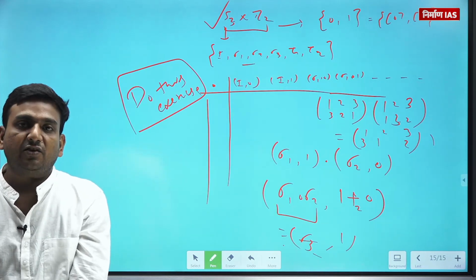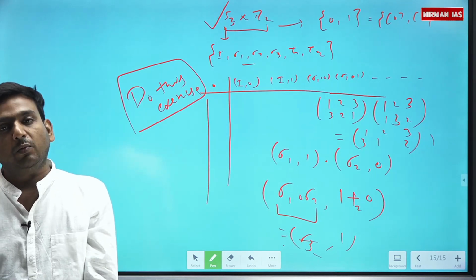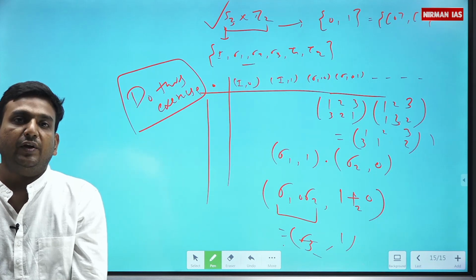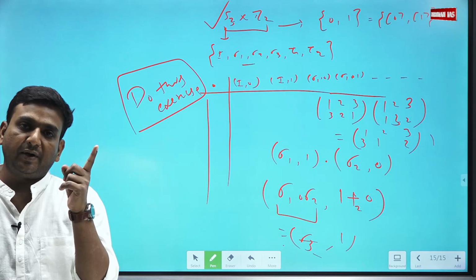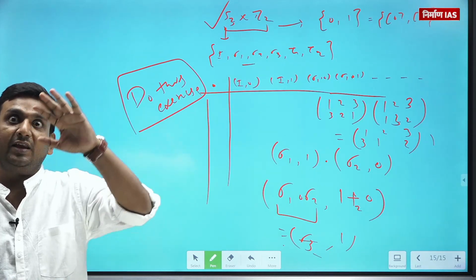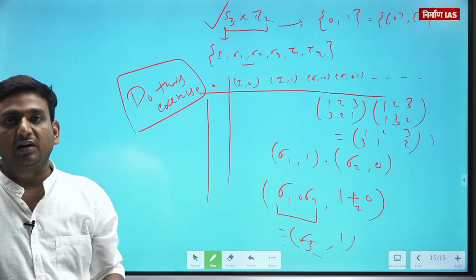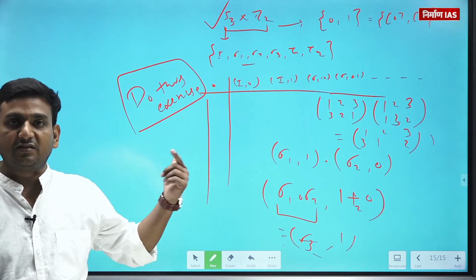In the next lecture we will be discussing the order of an element, and we will move on to cyclic groups as well. For all those topics we need these examples. If these examples are running in your mind, everything will be crystal clear. Abstract algebra will become easy once you grasp these exercises and structures.